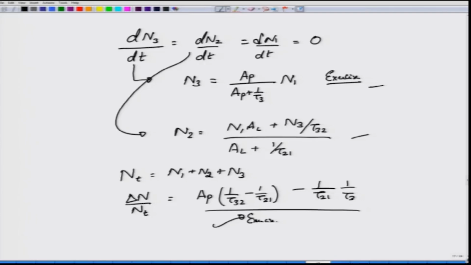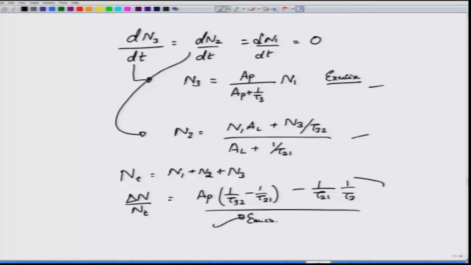Why? Because it allows us to look at the relationship between tau 32 and tau 21, and it will also allow us to find out the critical pumping rate required so that the population inversion delta n will be greater than 0.